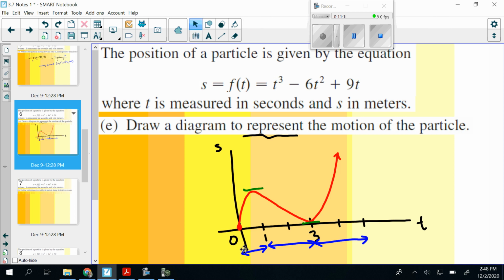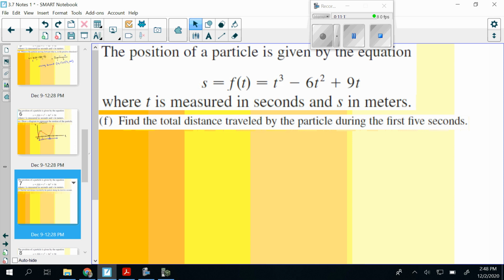So we're going to have to split this up in intervals in order to do this, because it's changing direction. If we just took where it's located at 5 and subtracted where it was located at 0, that gives us something called displacement, which is something that you can find, but it's different than distance traveled.